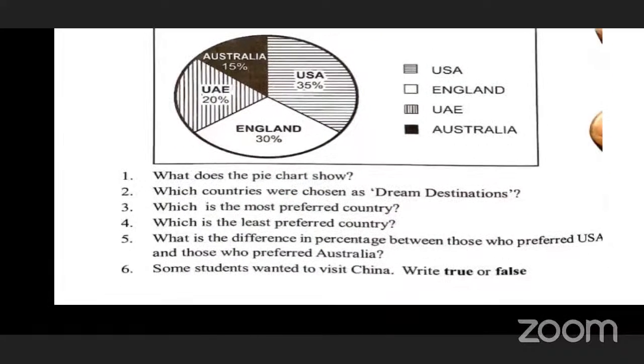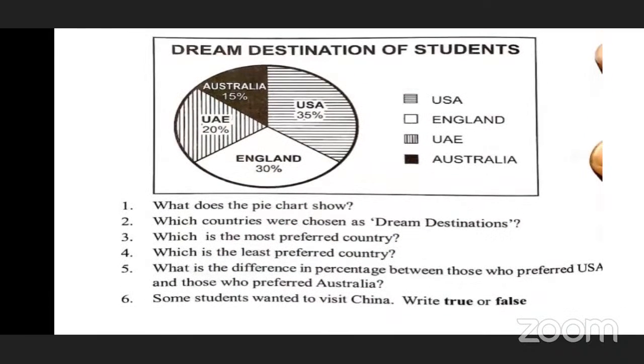Let's try to answer these questions followed by the picture. What does the pie chart show? The title of the pie chart could be the answer for this question. Of course it is. So what is it? The pie chart shows the different dream destinations of the students.